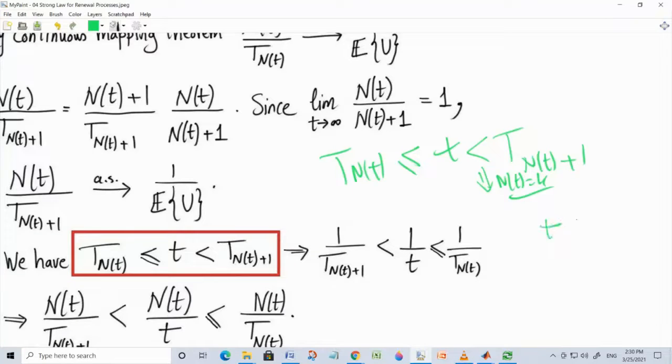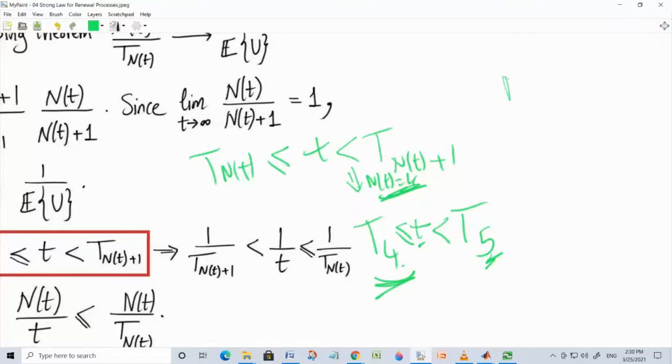It tells you that t is less than big T_5, but is greater than or equal to big T_4. So if you inspect the system at time t and you find that there are 4 arrivals, then the 4th arrival must have occurred before t, and the 5th arrival must happen after t, because if T_5 is less than or equal to t, then N of t would be 5 or more.